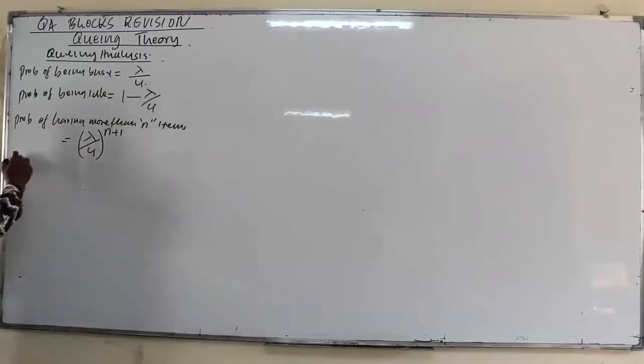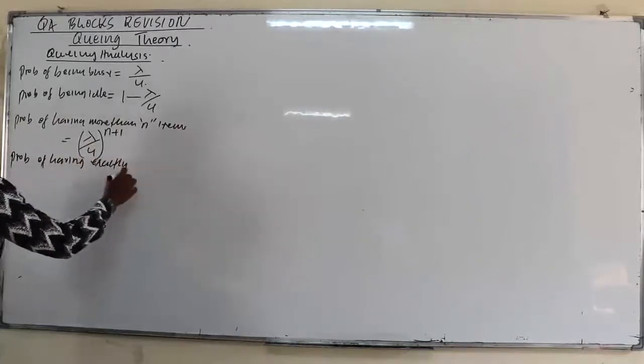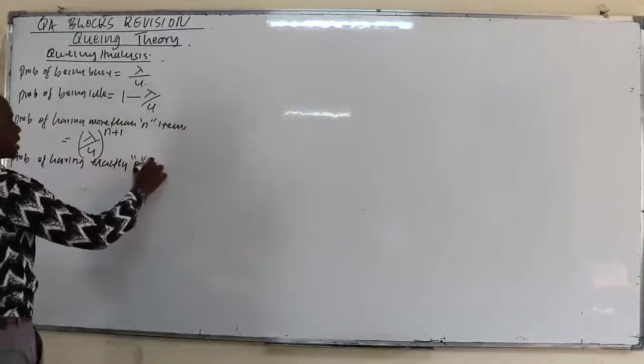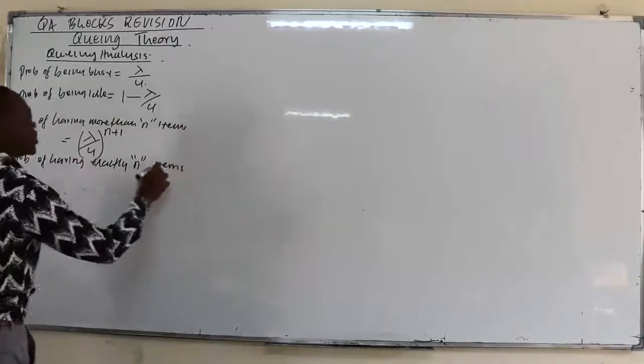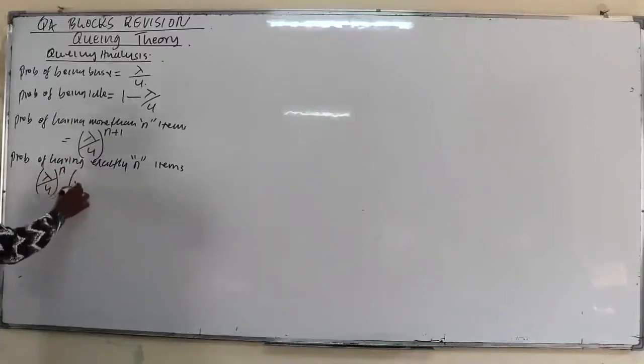Also, the probability of having exactly n items: take the arrival rate over the service rate raised to power n, and then multiply by the probability of being idle, 1 minus arrival rate over the service rate.